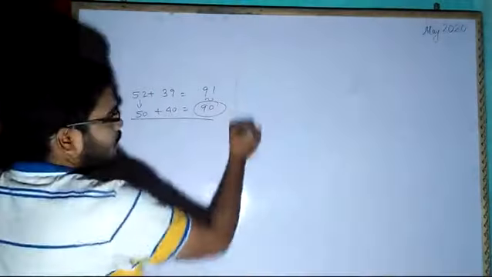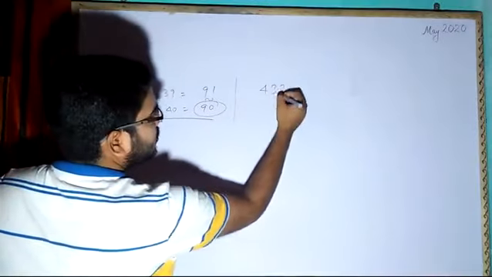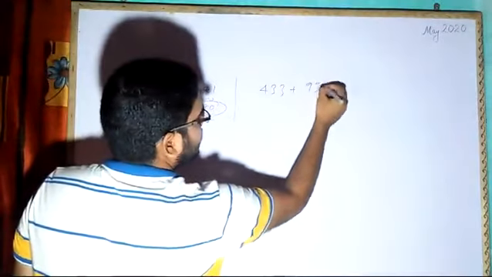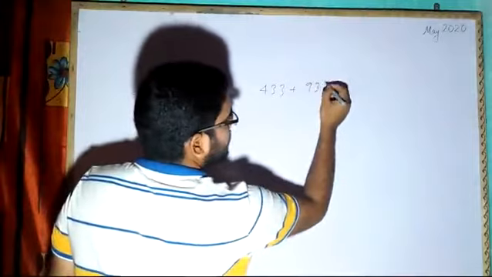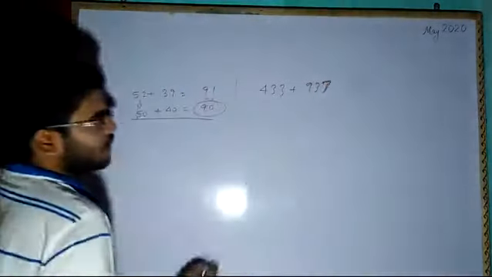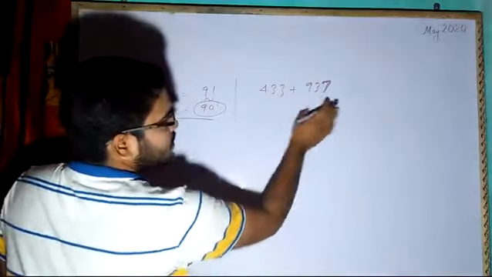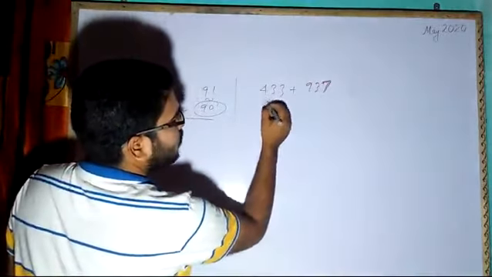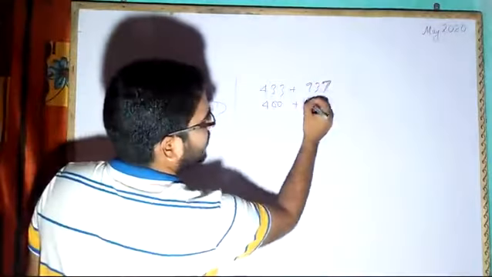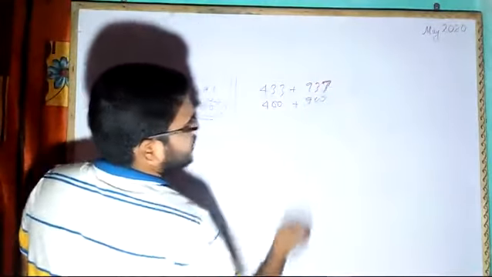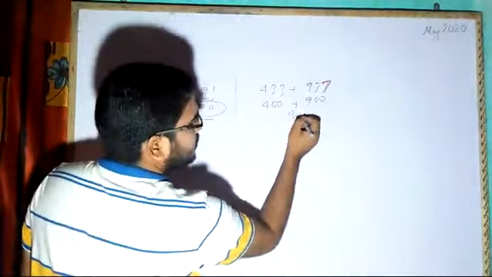For example, if I have 433 plus 937. Now if you add, it will take time, but if you round off this number, seeing the nearest 100 position, it is 400 plus this will become 900. So 9 plus 4, 1300.